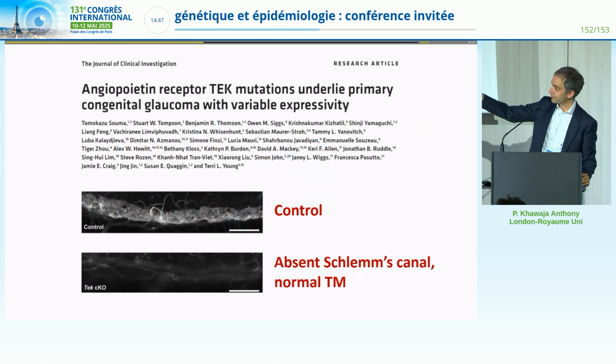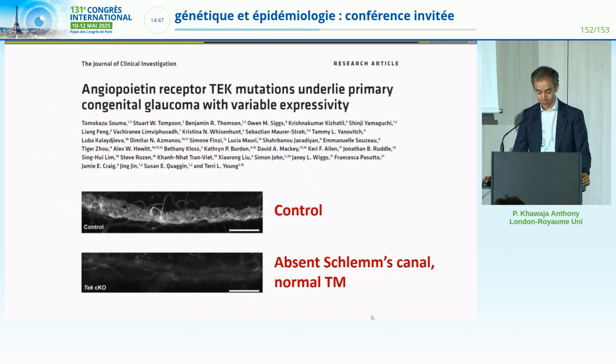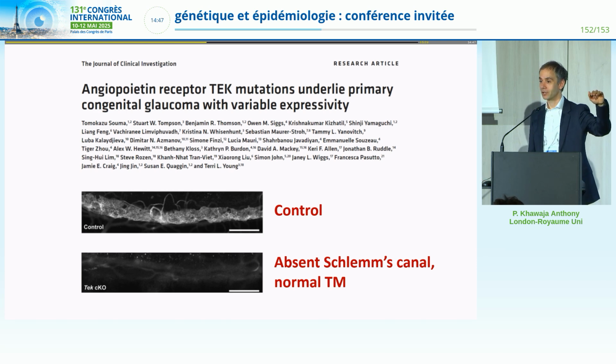And this top picture is a normal Schlemm's canal in a mouse. If you knock out this lymphangiogenesis pathway, you get no Schlemm's canal and yet a normal trabecular meshwork. So the number one biological pathway for intraocular pressure and glaucoma in adults has got nothing to do with trabecular meshwork and is all Schlemm's canal and collector channels.